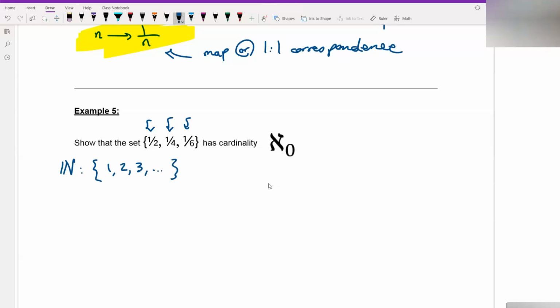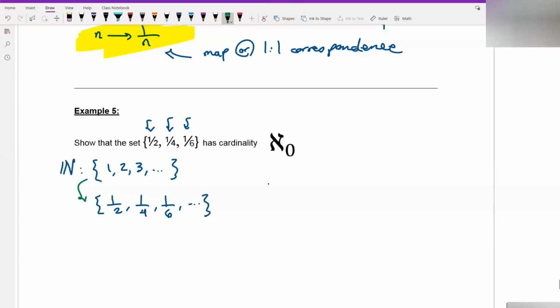So compare this one with what is given. 3 dots. So we have to ask how we can map 1 to 1 over 2, 2 to 1 over 4, 3 to 1 over 6.